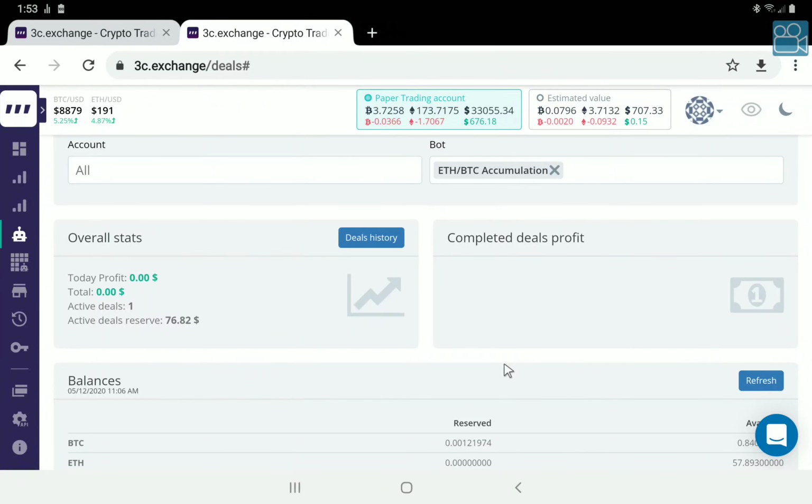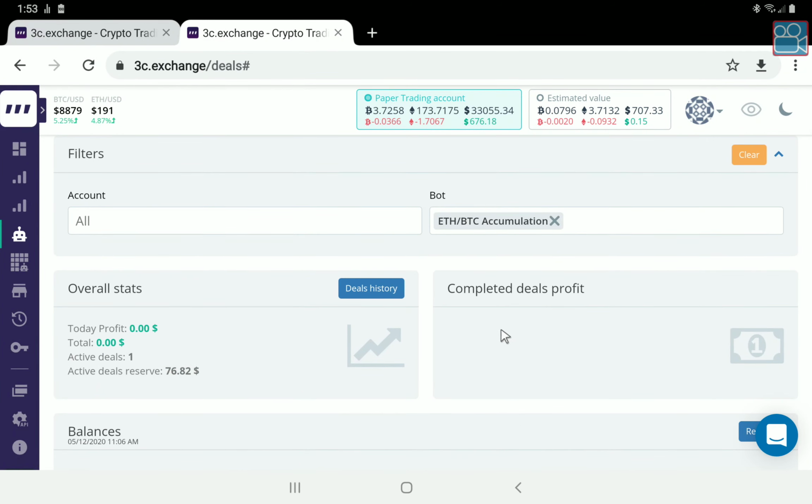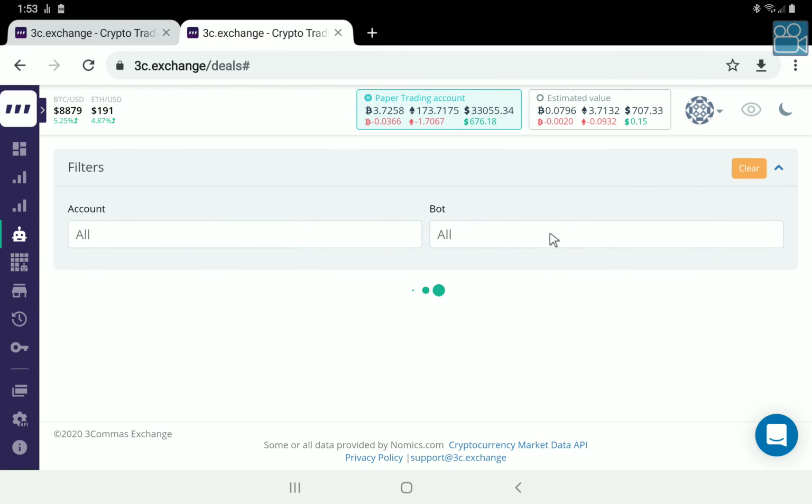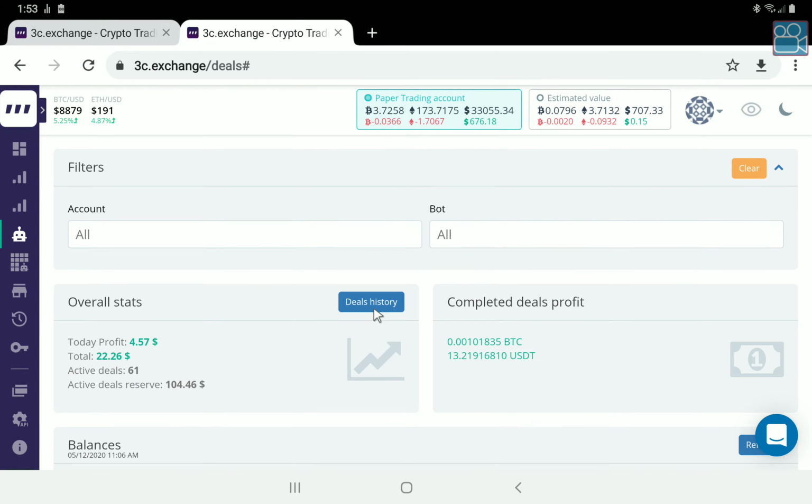Actually, it cleared out the order. Alright, that's it first. I'm going to have to go find that in the deals. Find out when it cleared out the order. So let's go in the deals.